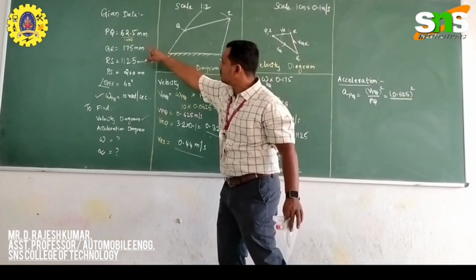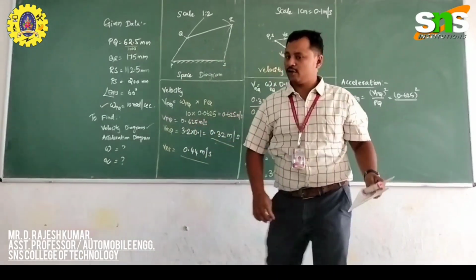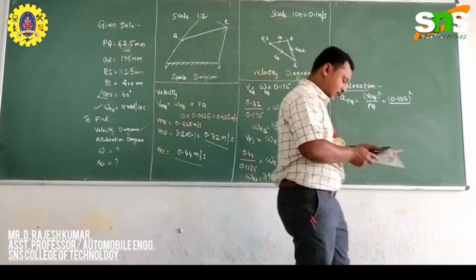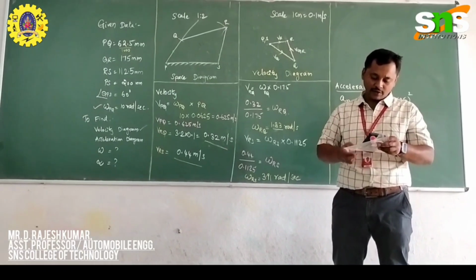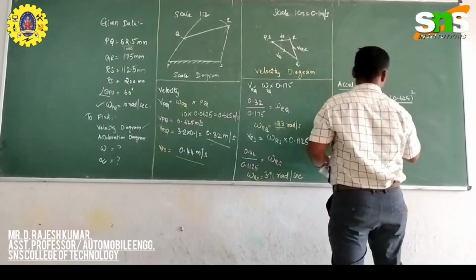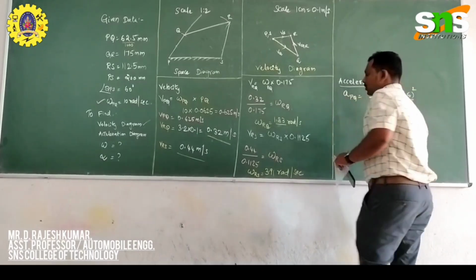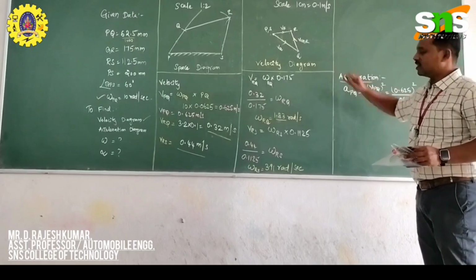Length of the link PQ is 62.5 divided by 1000. So you will obtain 0.0625. Okay. So this is how we have to find the acceleration of each link.